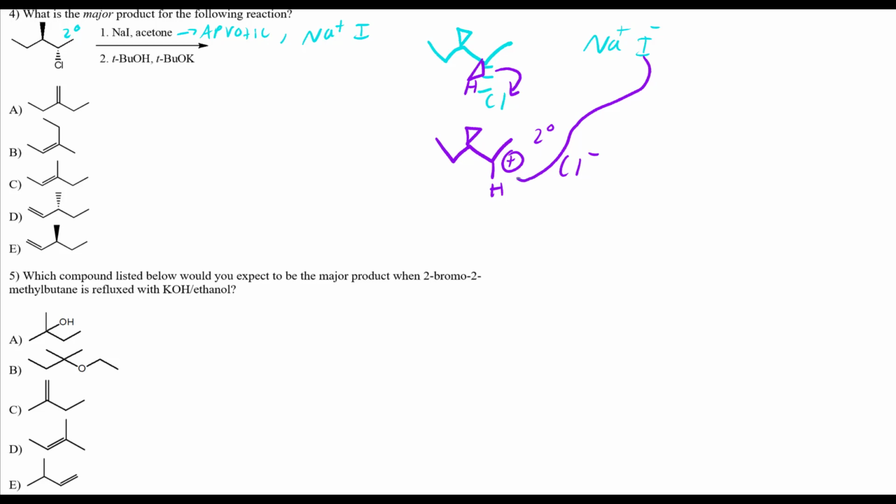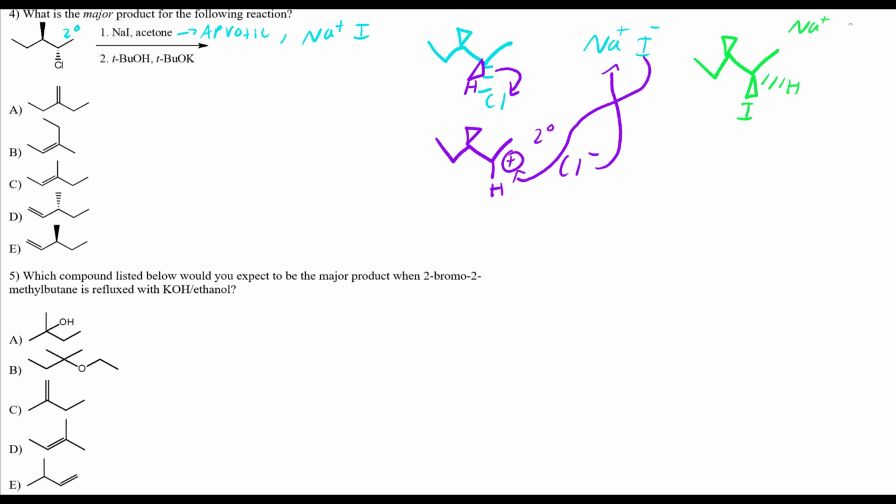So he goes and links up, and this chlorine is attracted to this sodium, and they pair together, right? So now we have this guy. Notice that the iodine is now going to be a wedge, and my hydrogen is going to be a hash. Okay, so that was step 1.